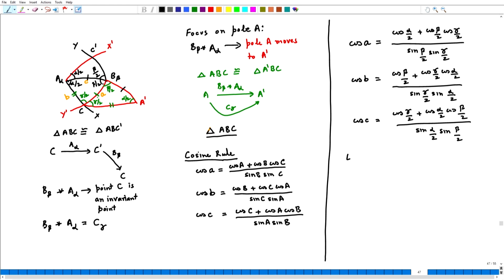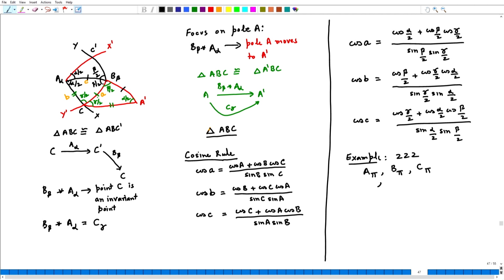So, our first example is the combination of the axes 2, 2, 2. Clearly, I have rotation of pi about A, rotation of pi about B, and a rotation of pi about the C axis.